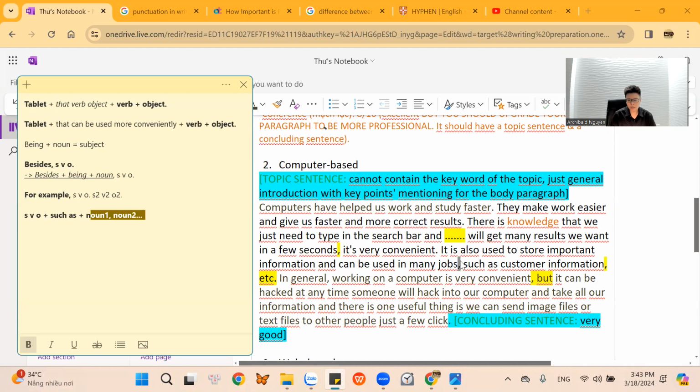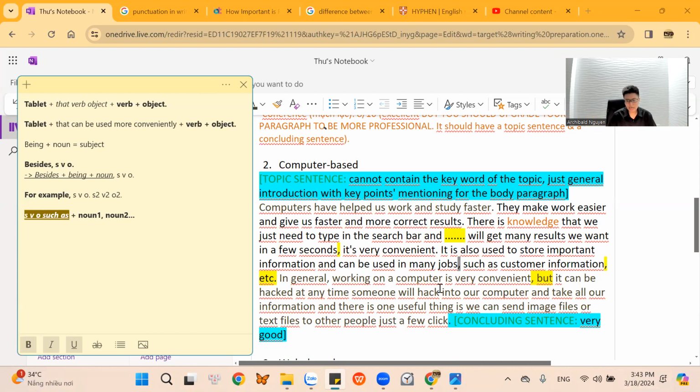All right. Okay, let's get back to the sentence. It is also used to store important information and can be used in many jobs. No comma. See, we have no comma here, just a subject, a verb, and an object, and a direct such as. Such as customer information. That is the end of the sentence.